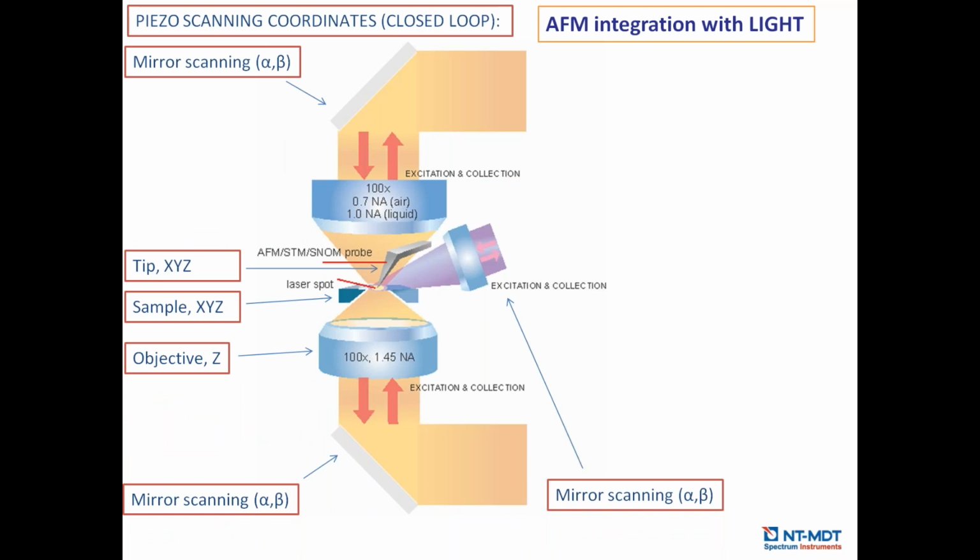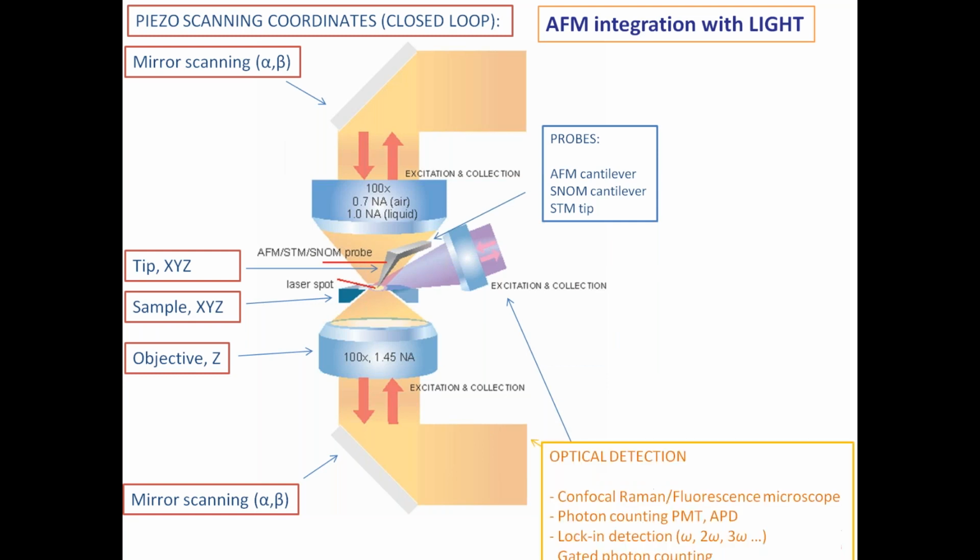We can use an XY piezo scanning mirror equipped with closed loop, and to scan the sample we can use an XYZ scanning stage. As I said, we can use not only standard AFM probes but also SNOM cantilevers and STM tips.